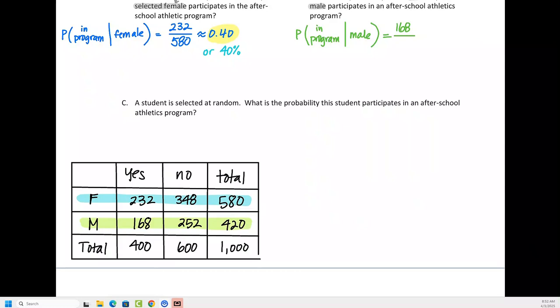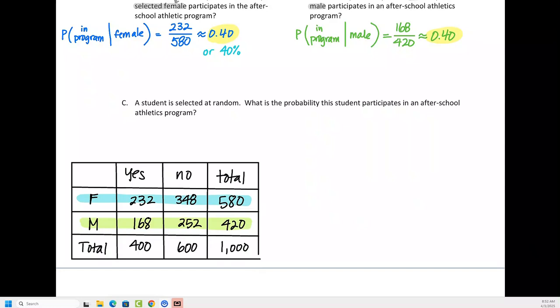What's the total? 420. I divide those, I get 0.4, which is 40%.